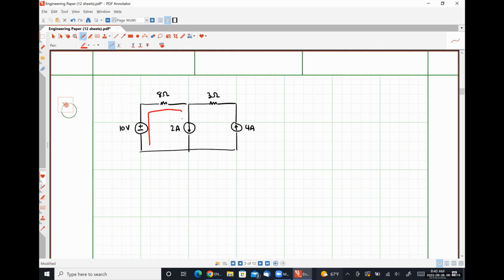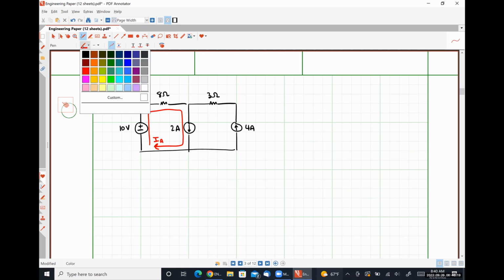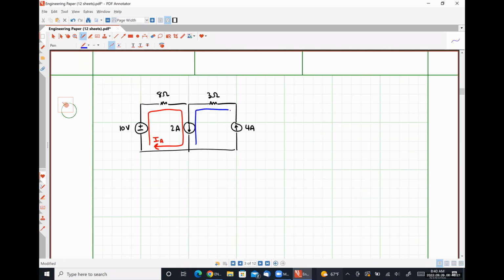Obviously, this is a 2-mesh circuit. So let's call this IA. Let's call this IB. We don't have any controlling variables. We do have current relationships. So our current relationship equations are going to look like what?